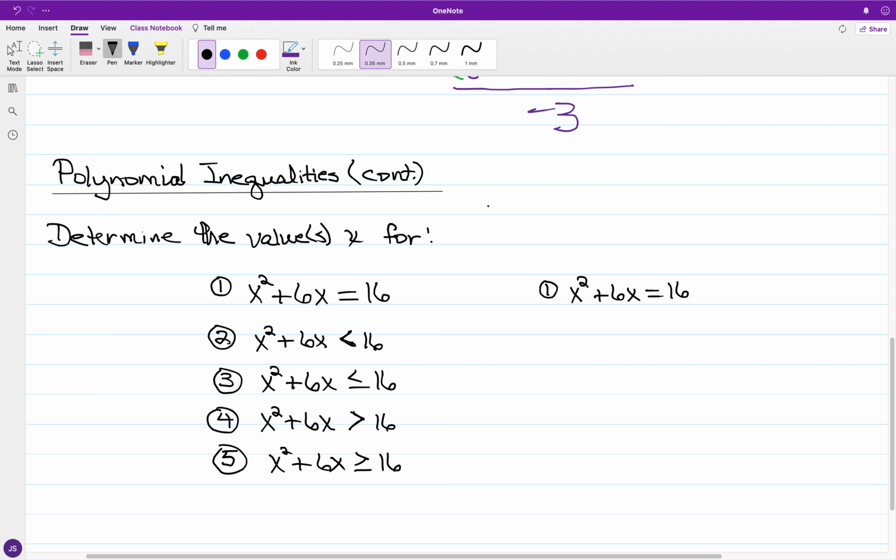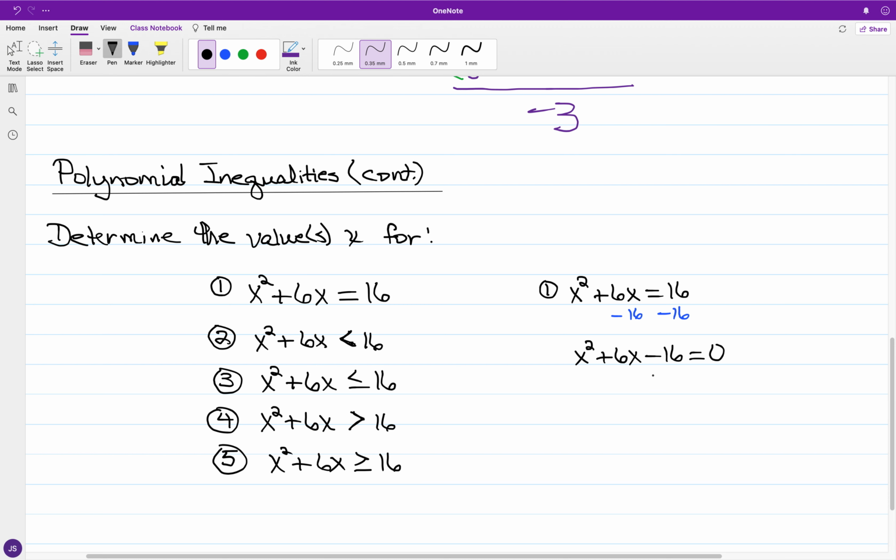But I can make amends with this. For x squared plus 6x equal to 16, I can just take 16 away from both sides. So I will have x squared plus 6x minus 16 is equal to 0.